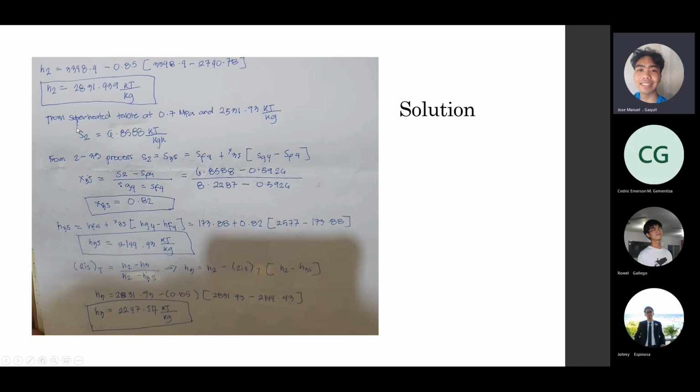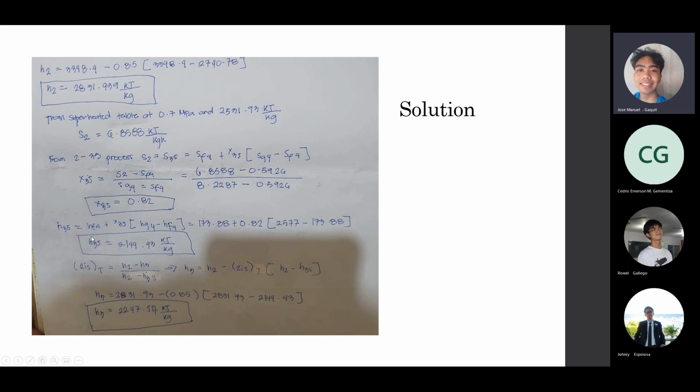Then from the table, the entropy is this value, 6.8588 kilojoules per kilogram. And here, as we know that process 2 and process 3, so before and after the second stage turbine, they are isentropic. So we can use that to solve for the enthalpy of the third state. First we get the quality. Here we get the quality of the third state, which is 0.82.